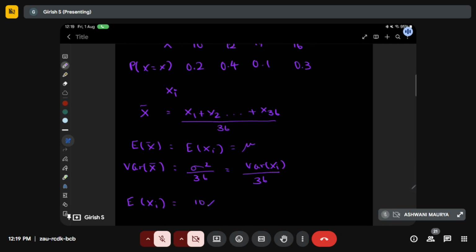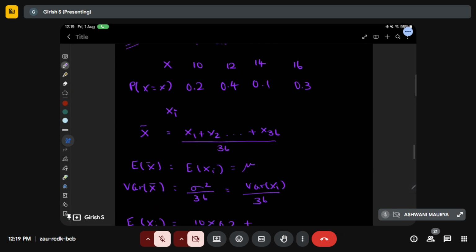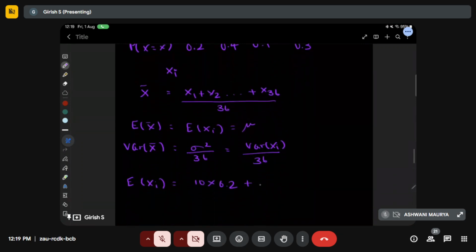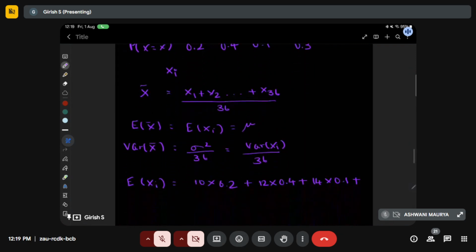So it is 10 into 0.2 plus 12 into 0.4 plus 14 into 0.5 plus 16 into 0.3.